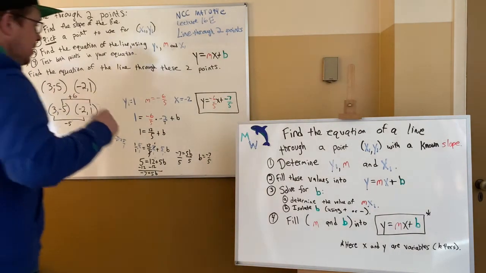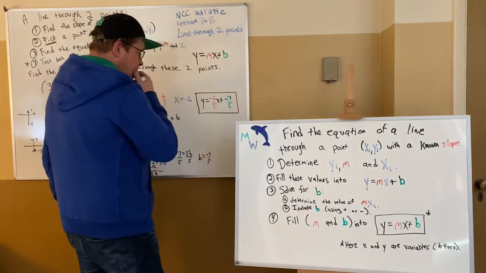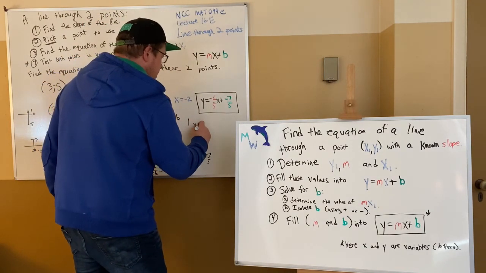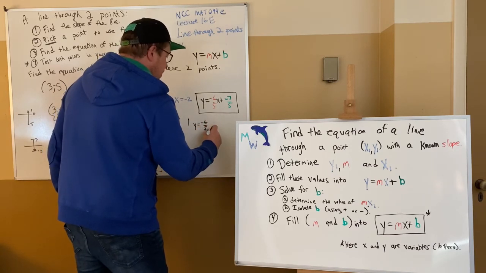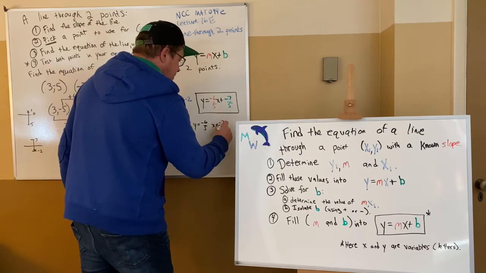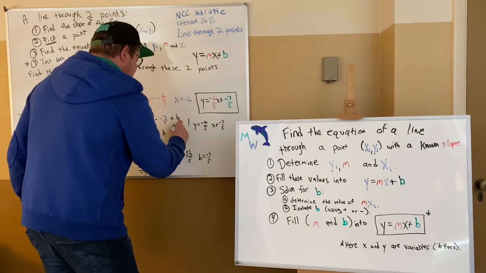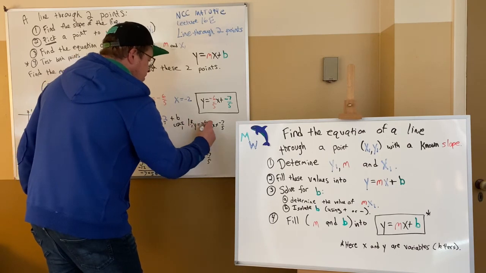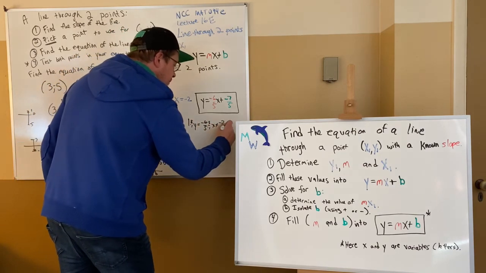One more thing for you. What if we need this in ax plus by equals c form? We have 1y equals negative 6 over 5x, space behind the fraction, plus negative 7 over 5. And we'll say that the LCD equals 5 over 1, and we'll multiply all 3 places by 5 over 1.